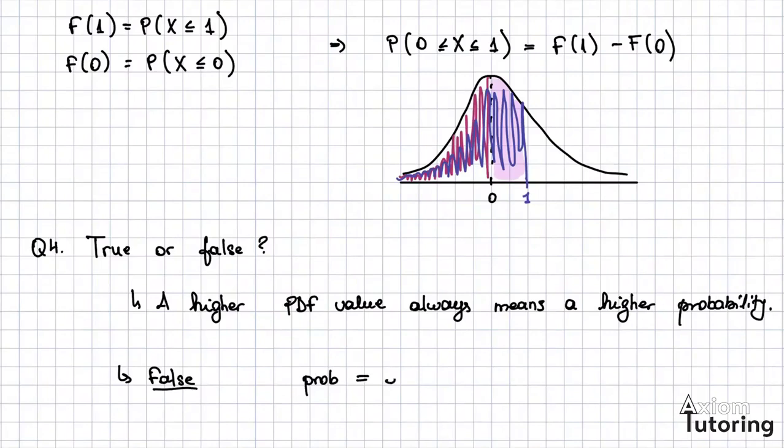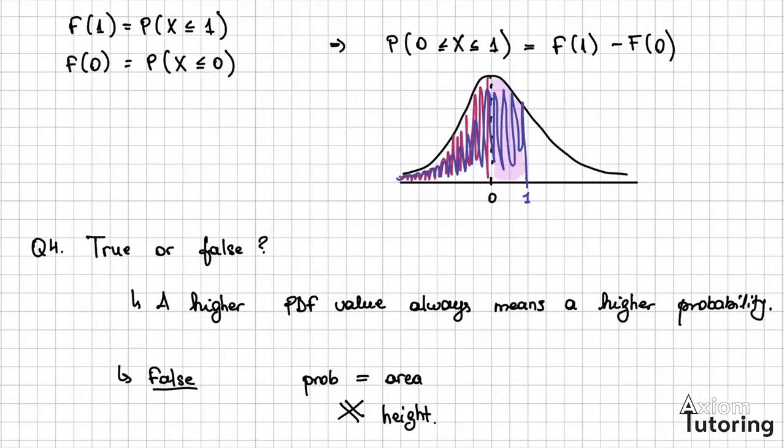So probability, area, not height. That's why in the previous video, we said that we could have areas that are quite narrow and tall, have the same probability as areas that are quite large overall, although not so tall. In fact, a tall, narrow region can also have less probability than a short, wide region.